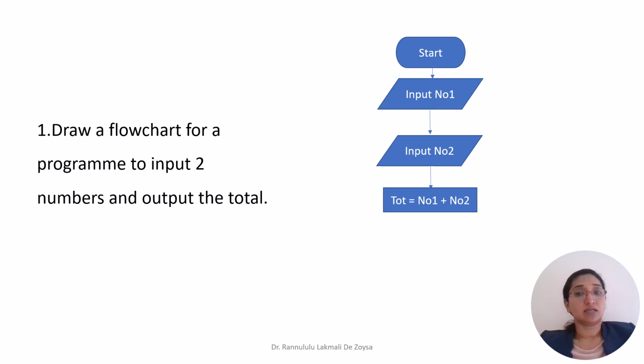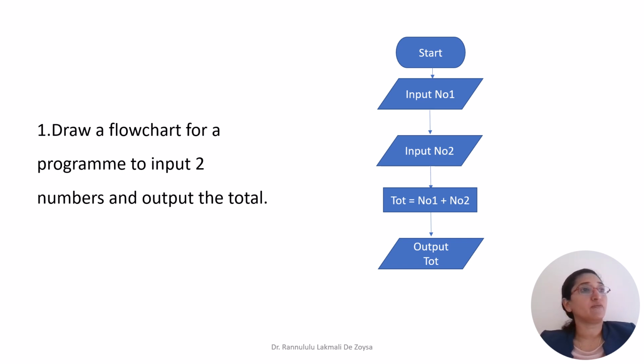And then you need to perform a task within your computer. Once you input the 2 numbers, now your computer should add these 2 numbers and assign the value to the variable total. So you write total equals number 1 plus number 2, and then output the total.